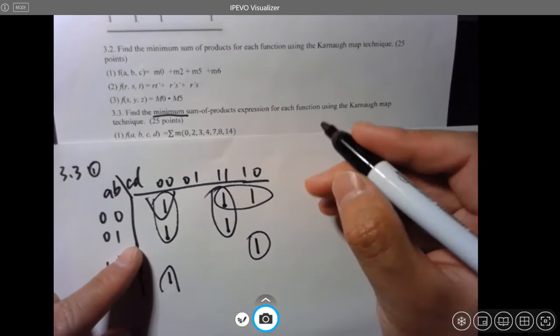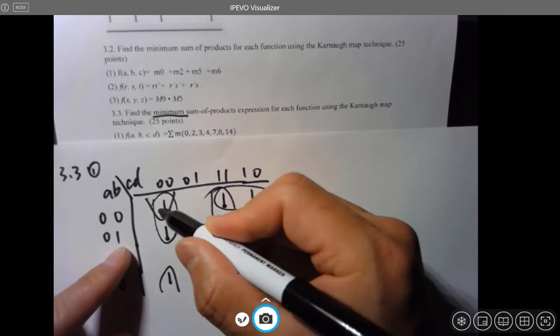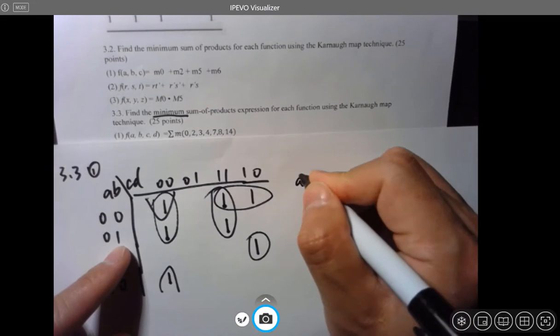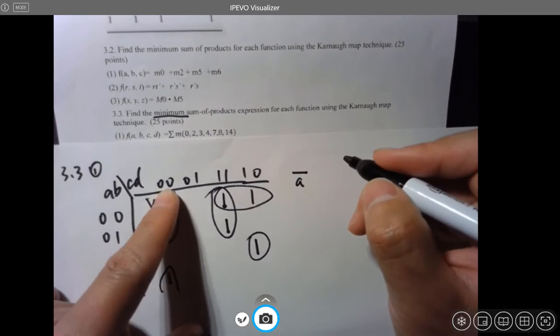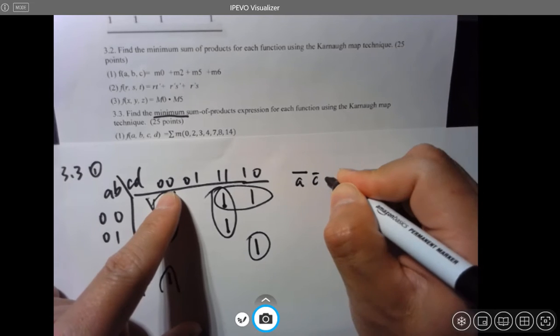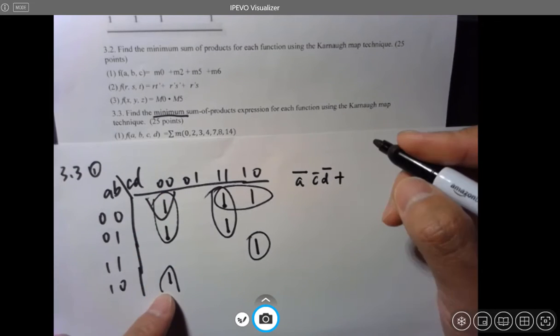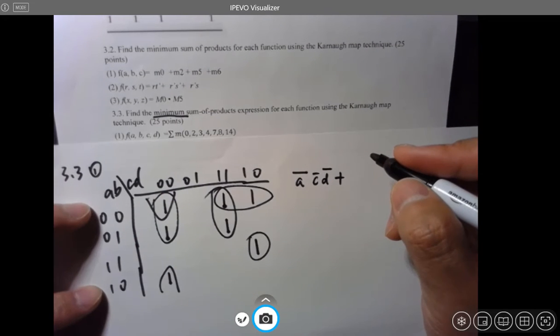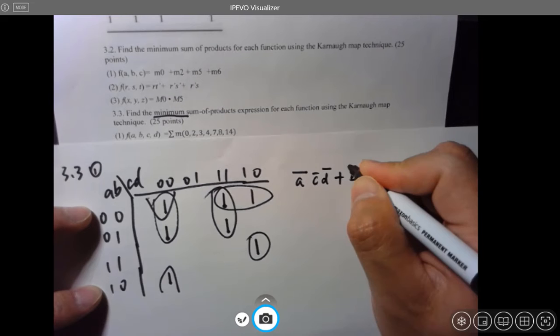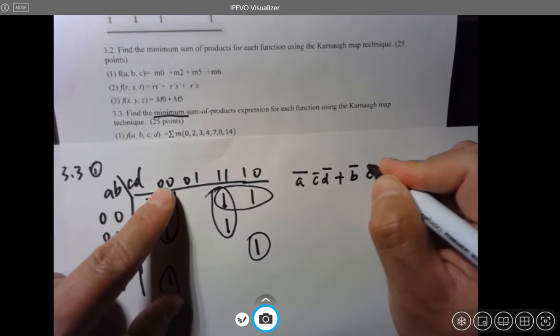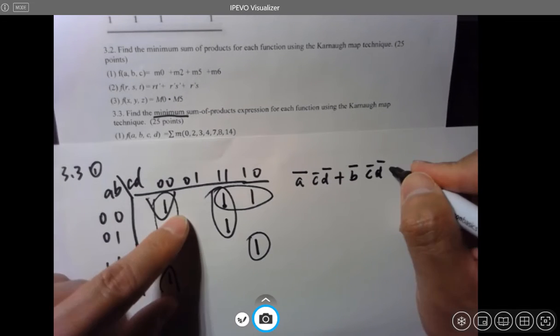You can simplify it. So over here, B is toggled, so I only have A naught left, and C naught, D naught. These two, A is toggled, so B naught, C naught, D naught.